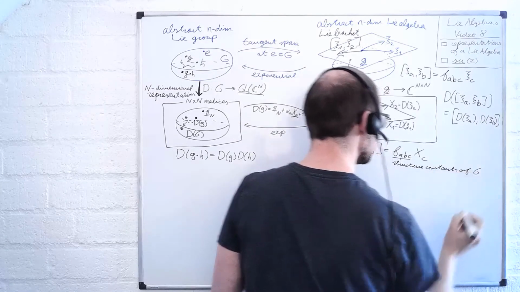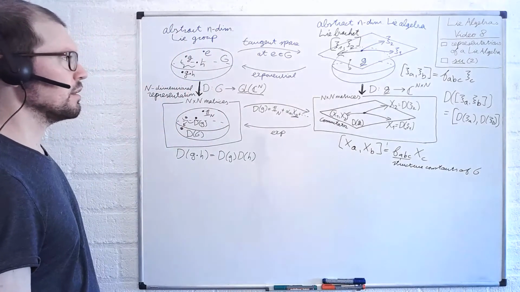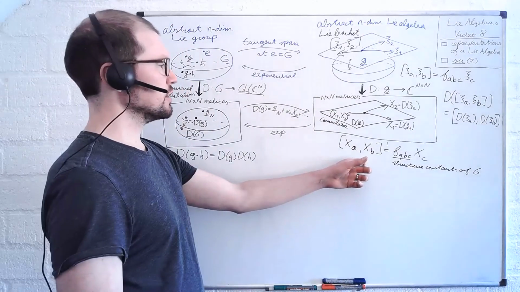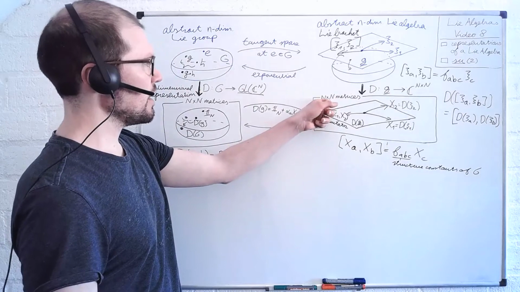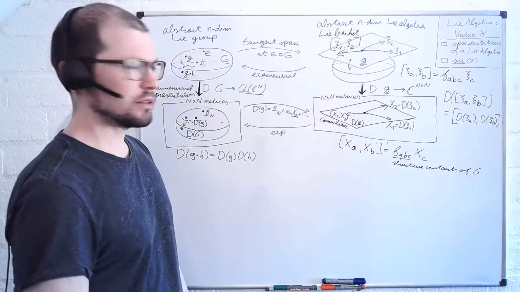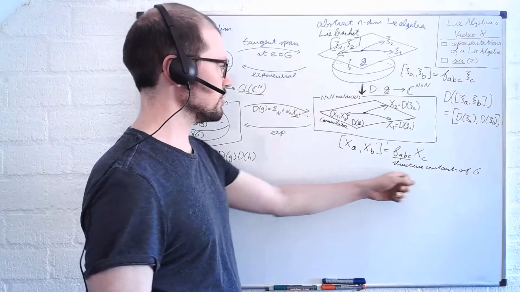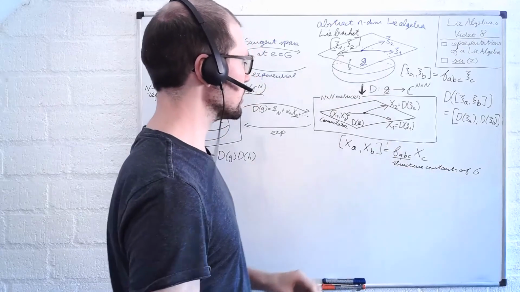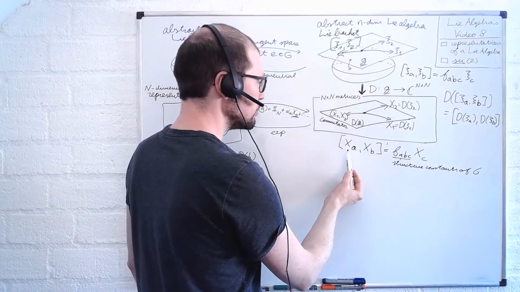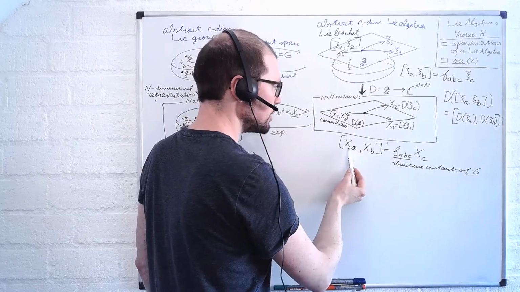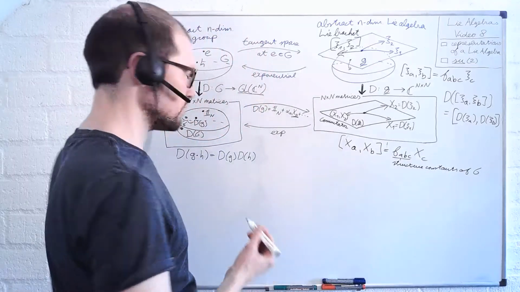So as soon as we know the structure constants, say of the Lie group G, then in order to find an n-dimensional representation of this Lie group and the Lie algebra, it is really sufficient to find a set of matrices that satisfies this relation.